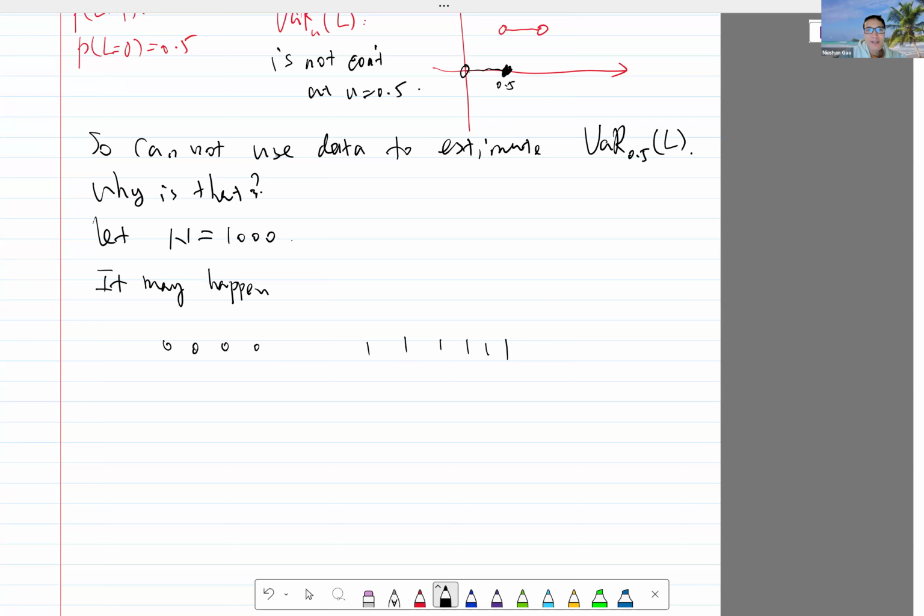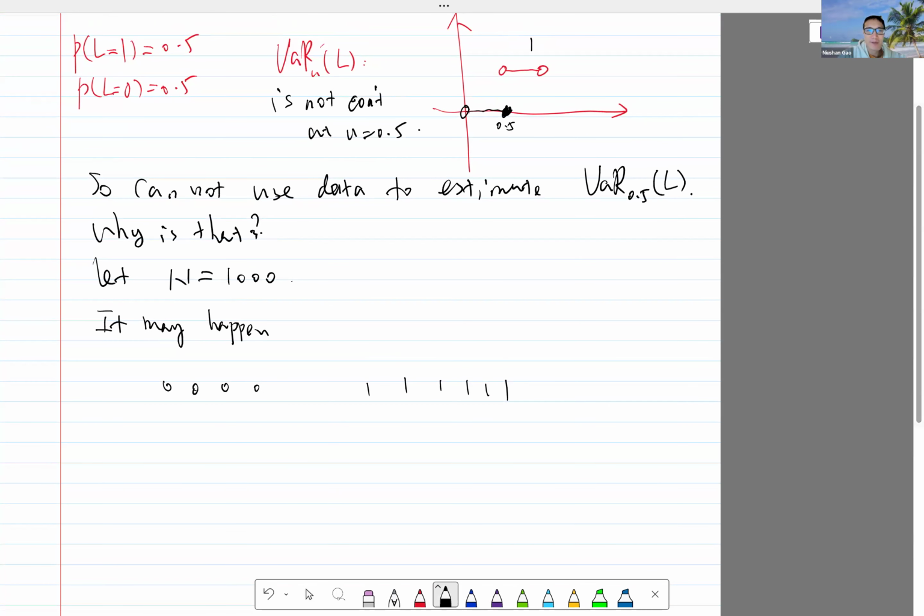It's probably approximately 500, right? Let's say 501 hits and 499 tails. If you reorder them, of course you may have hit, tail, tail, tail, hit, tail, tail, tail. It's disordered, so I reorder them. You have 499 tails and 501 hits.